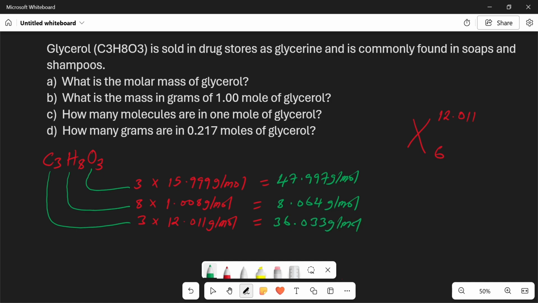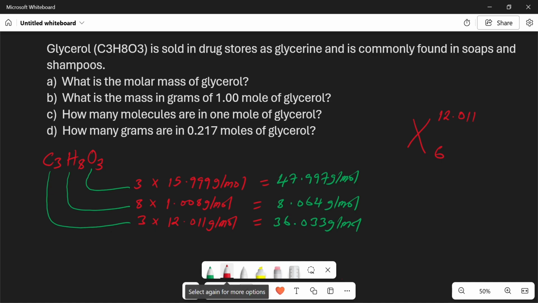So the values we have after multiplying are the molar masses of these elements in this compound. For oxygen, we have 47.997, 8.064 for hydrogen, and 36.033 grams per mole for carbon.